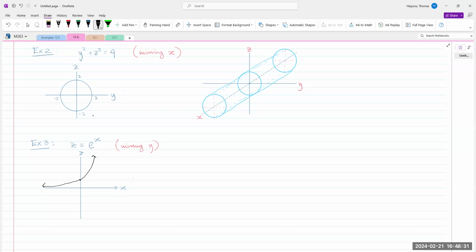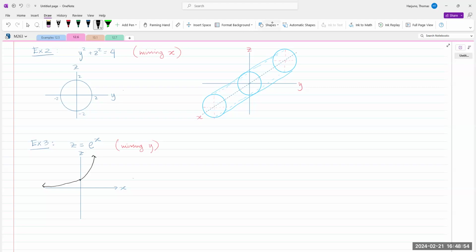Can you imagine, if we have x and z like this, will the y-axis come out from the paper, or go into this xz plane? The answer is it goes into the xz plane.